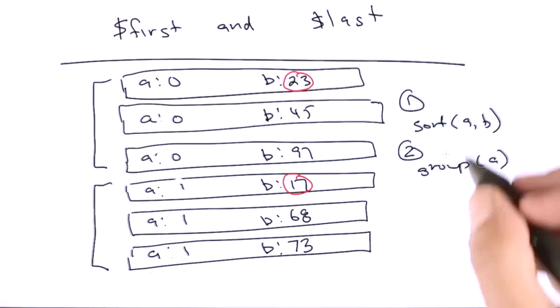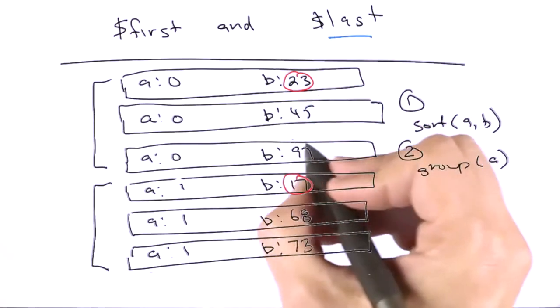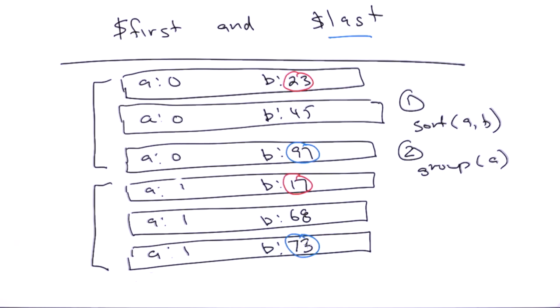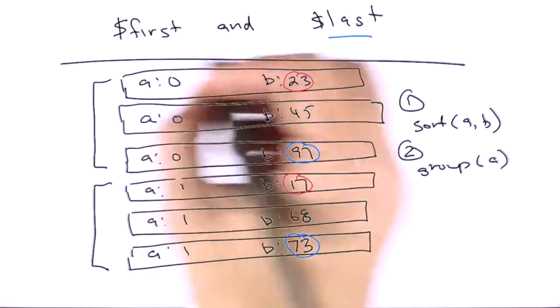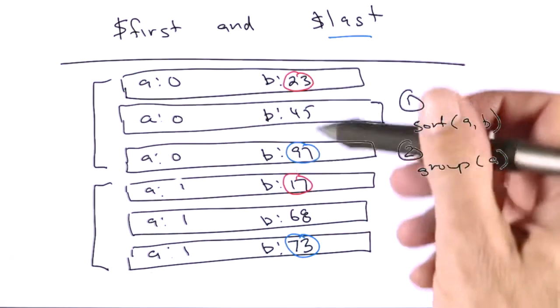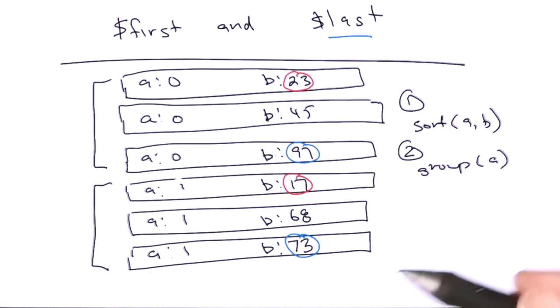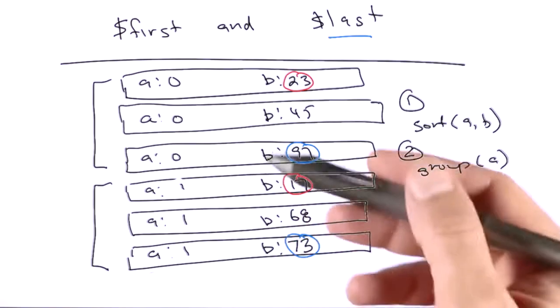On the other hand, if I ask for last, then I'm going to get this value and this value. So after a sort phase, these first and last operators can find the first or last document in sorted order in each group. So let's see how we would use this in a practical situation.